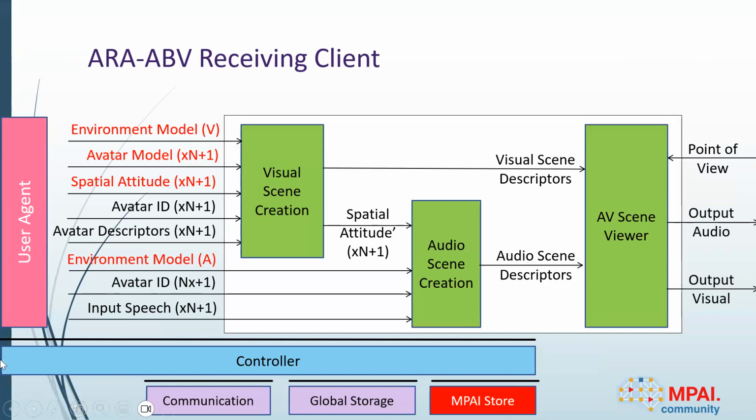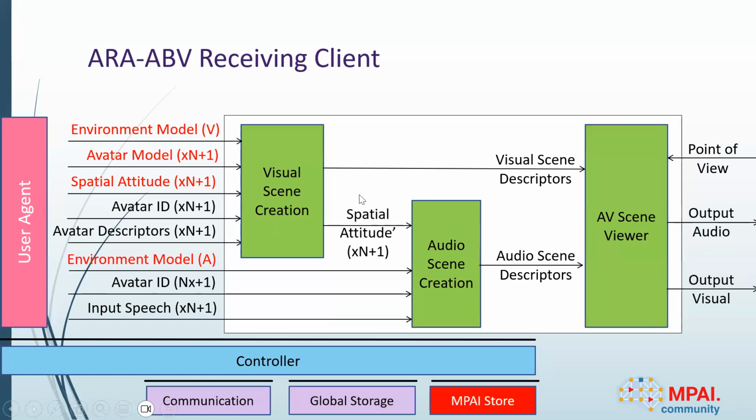The receiving client receives the environment model, the avatar models, and their position and orientation. Based on that, it creates a visual scene creation.